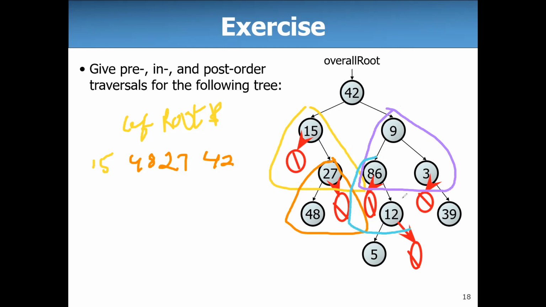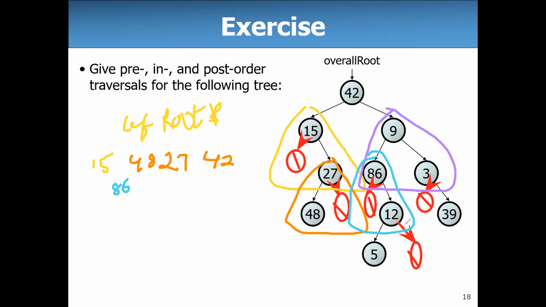When we went to the left side, this is another subtree where you have left, root, and right. So left is null. We'll print 86, because left, root, and right. As we went to the right side, there is another subtree, right?